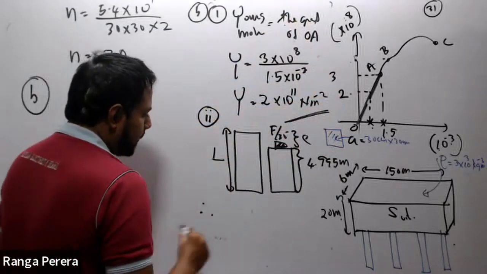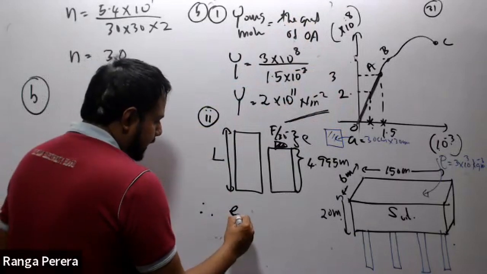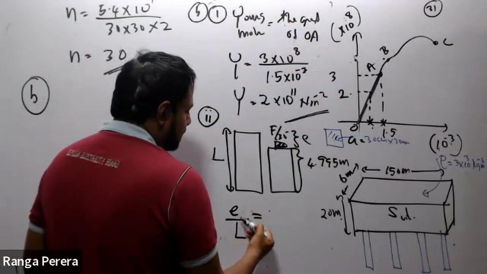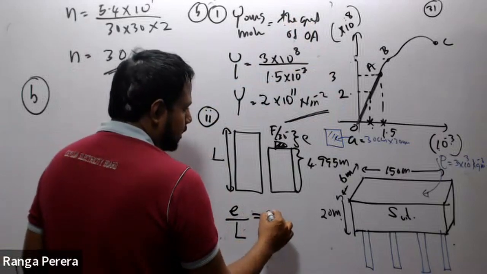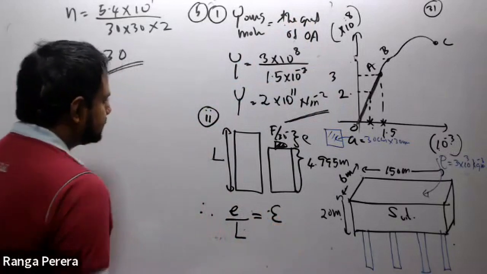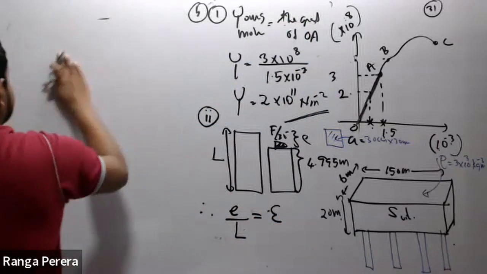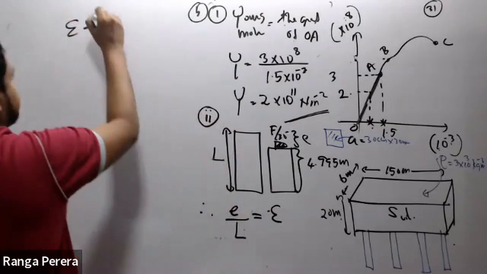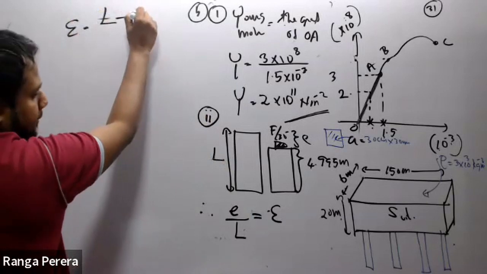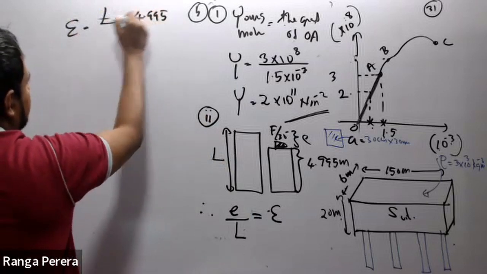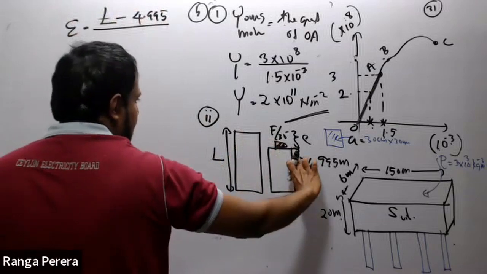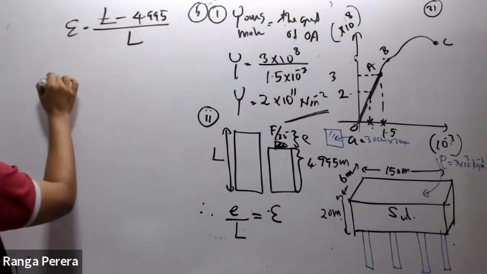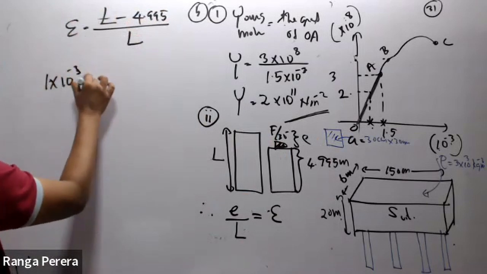Therefore, extension divided by the original length equals what? The strain. Instead of E, I put L minus 4.995. So (L minus 4.995) divided by L equals the strain we got, 1 × 10 to the power minus 3.